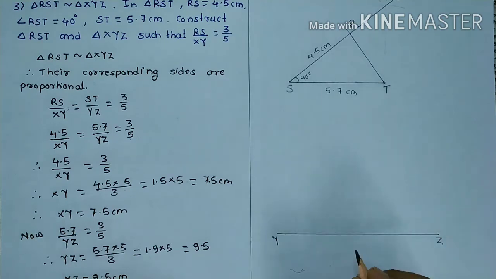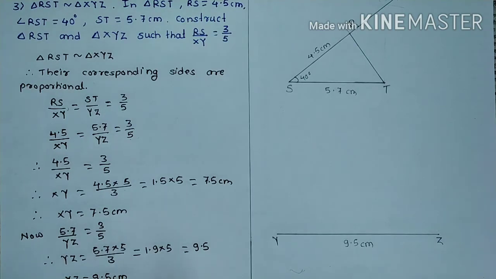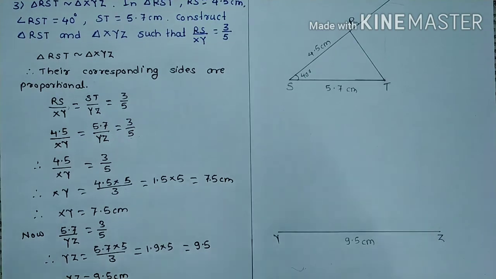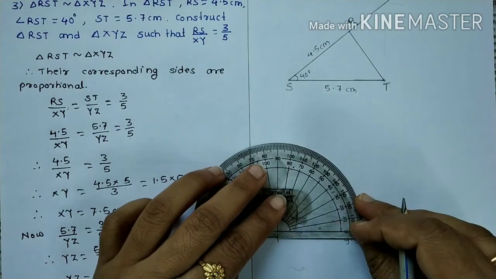Length of YZ is 9.5 centimeter. Then construct angle XYZ of measure 40 degree.